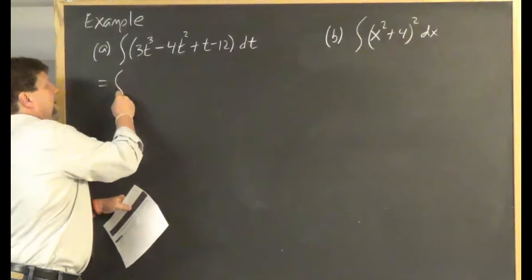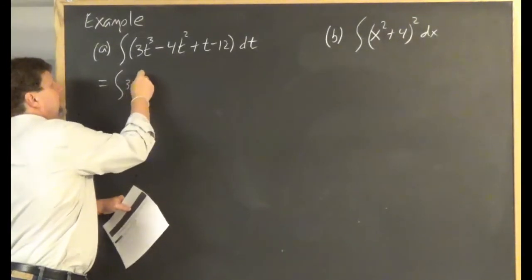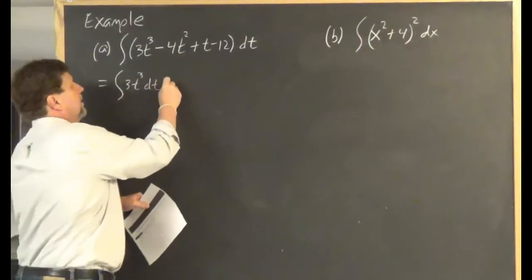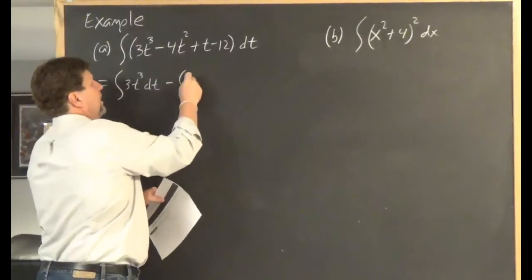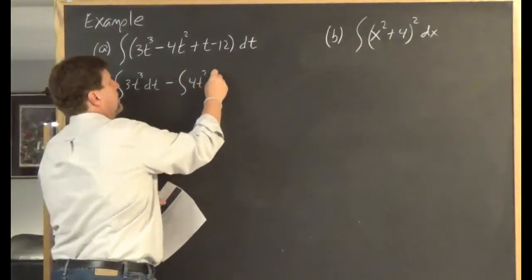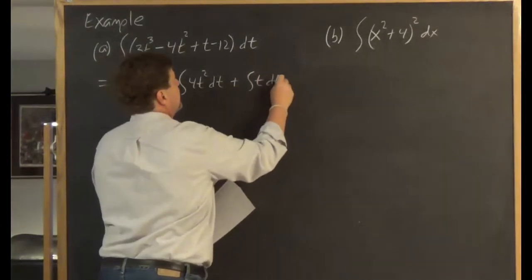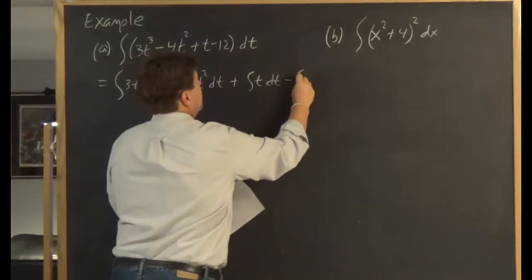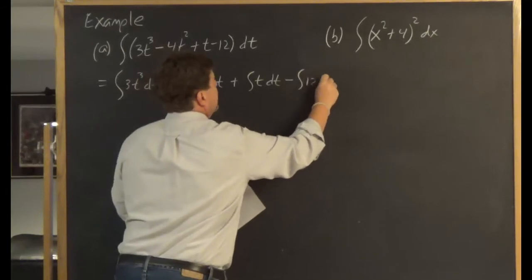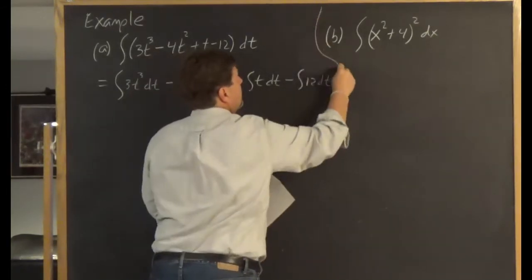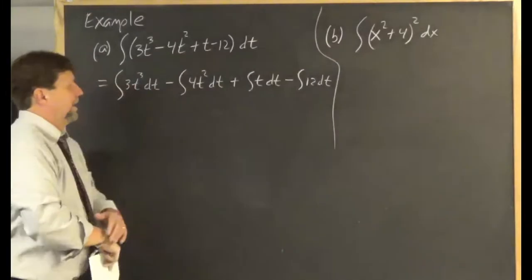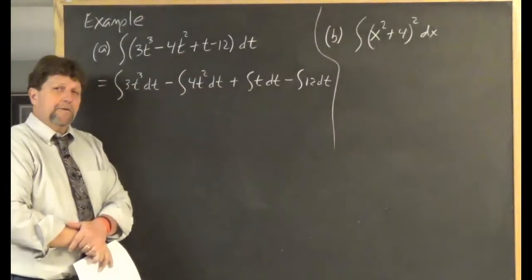So that means I would be integrating a 3t cubed dt minus integrating a 4t squared dt plus integrating a t dt minus integrating a 12 dt. All right, so that's using the sum and difference rule.